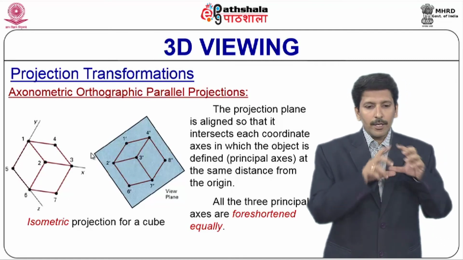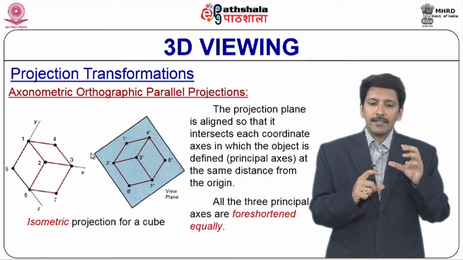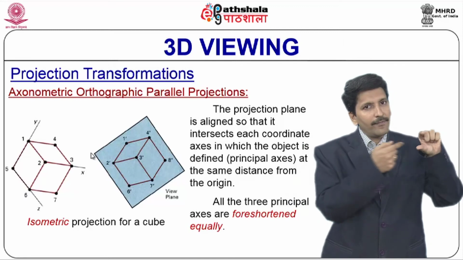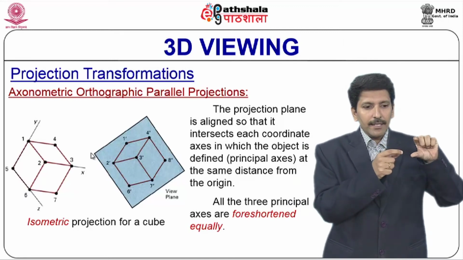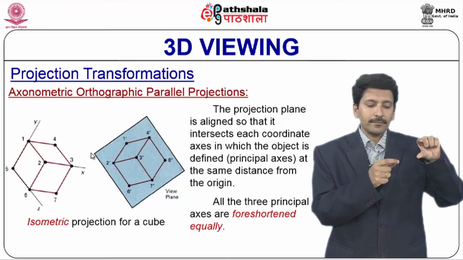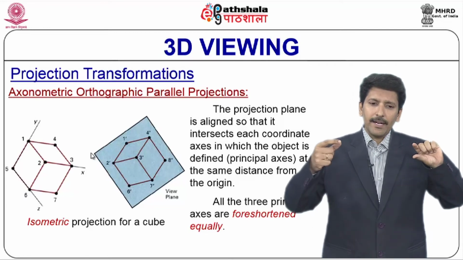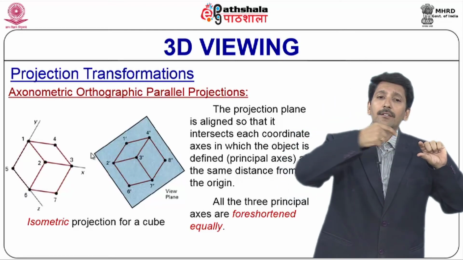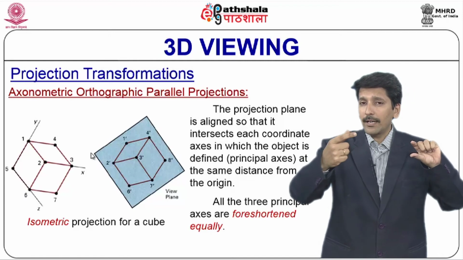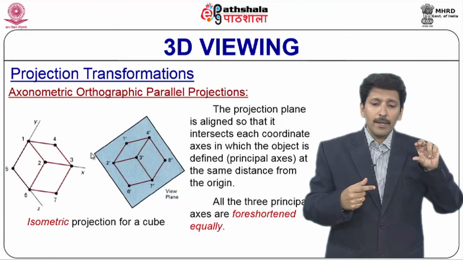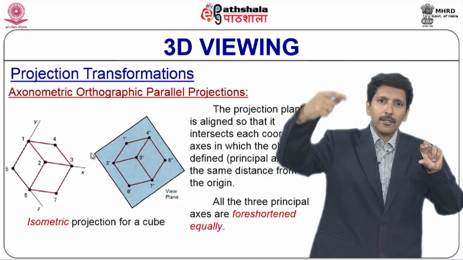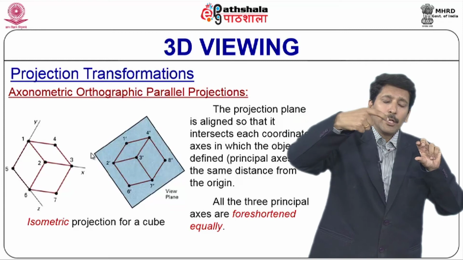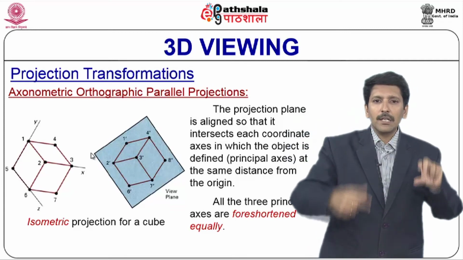If I keep the cube like this and I am seeing from here, I will actually see only one face of the cube. But if I tilt the cube, I can identify a position such that I can see more than one face of the cube at a time. Imagine a cube-like object, and without disturbing the object, you change the viewing position and capture the world from that position. You ensure that you are seeing more than one face of the 3D object.